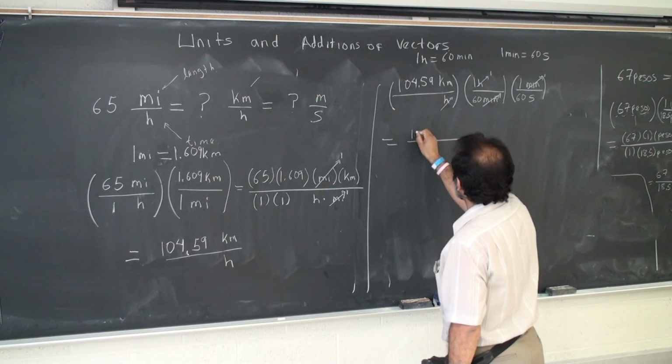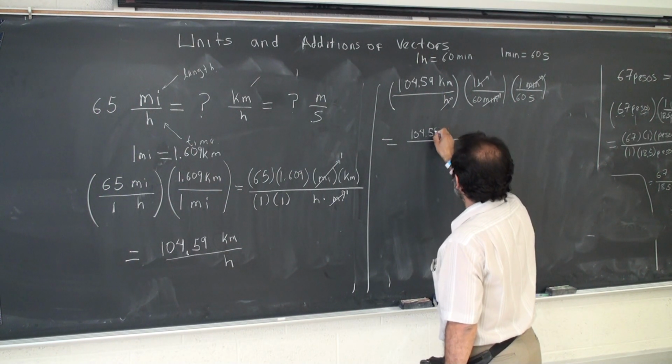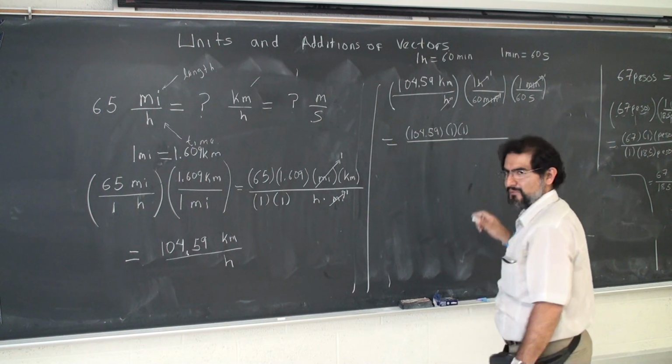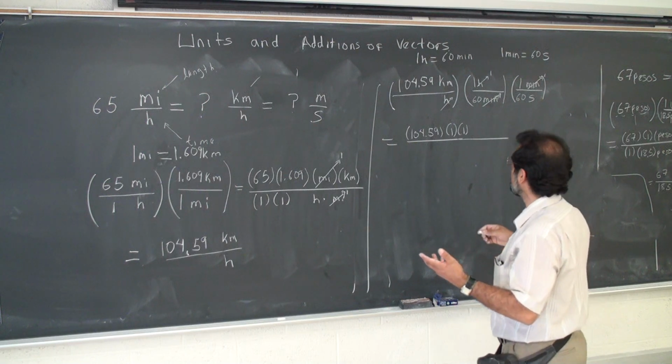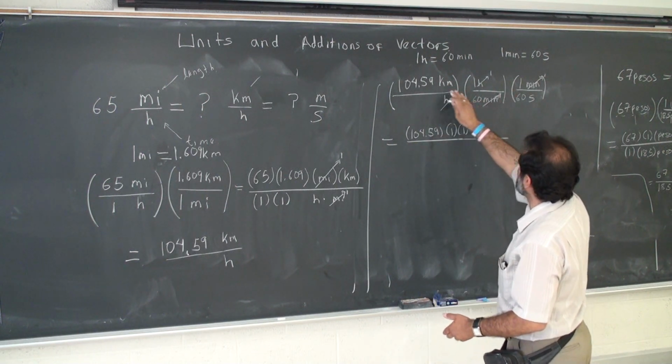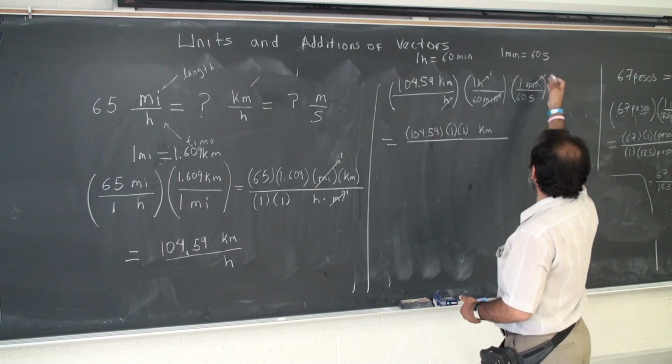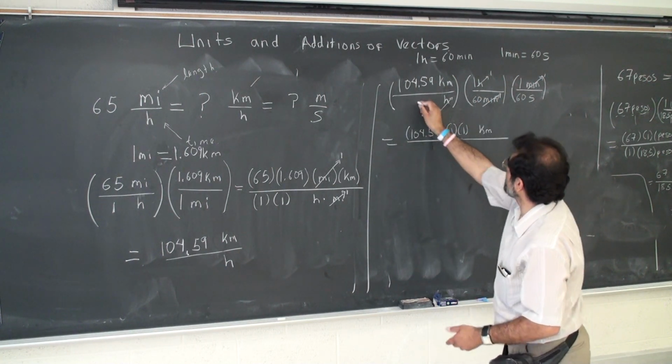It's going to be 104.59 times 1 times 1. It's better if you make groups, if you don't have too much practice: numbers with numbers, and units with units. Kilometers, I already canceled the other units.